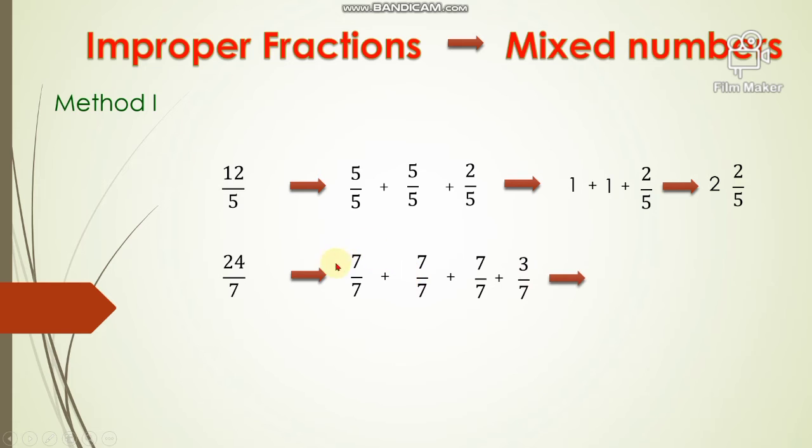If you express these as whole numbers, 7 over 7 represents 1, this also 1, and another 1, so 3 ones are there. The remainder is 3 over 7. So the mixed number is 3 and 3 over 7. Did you understand? Yes, it is very easy.